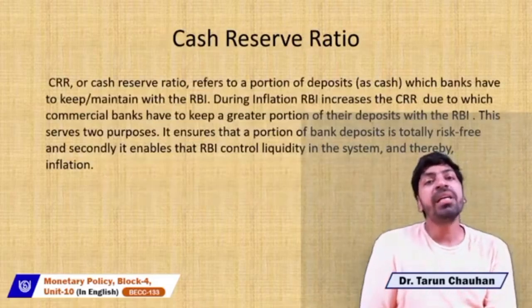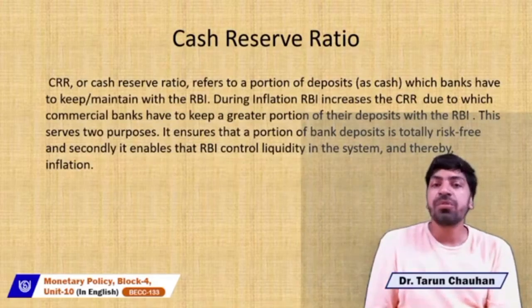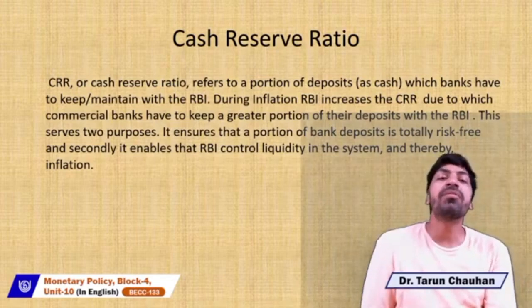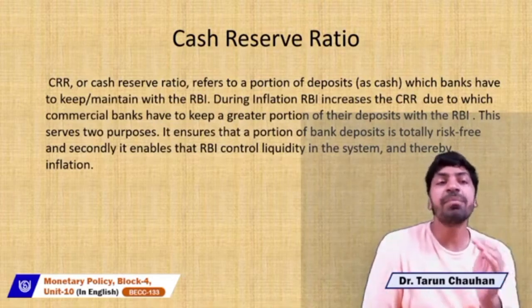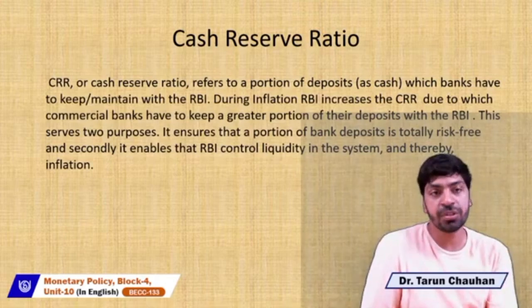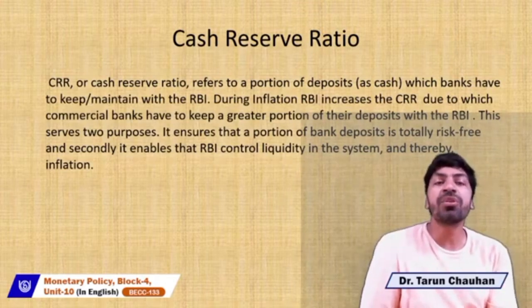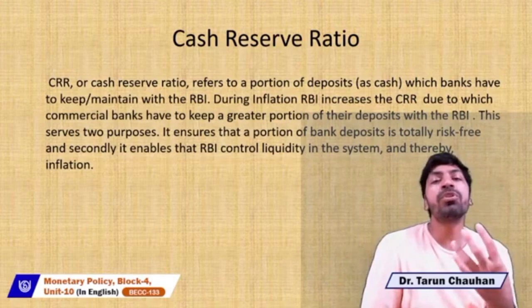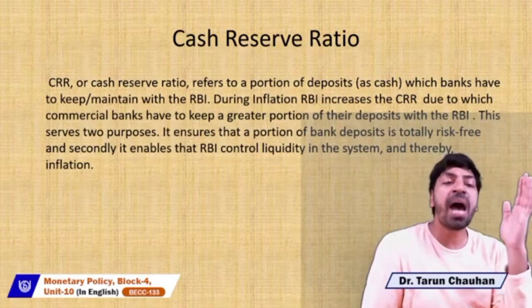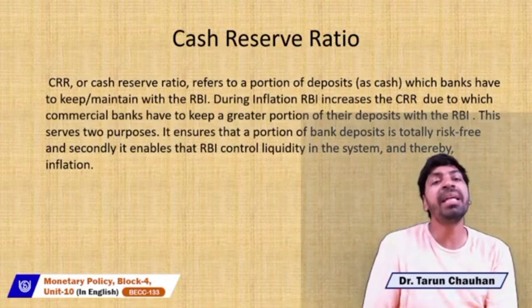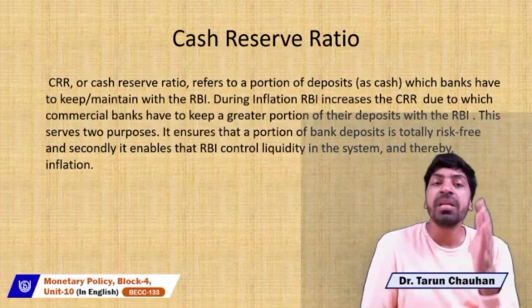The second one is the cash reserve ratio. When we talk about the cash reserve ratio, it is very important to first understand its exact meaning. Cash reserve ratio refers to the portion of deposits or cash which the banks have to keep and maintain with the RBI.